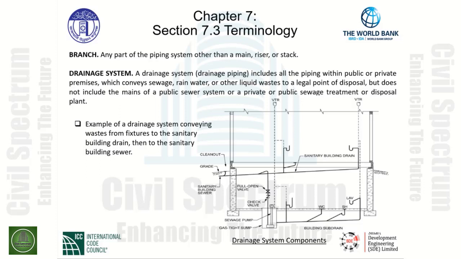In this case, the discharge is pumped from this sump through a check valve and a full open valve and discharges it into the sanitary building drain, and then by gravity it flows through the building drain and conveys that discharge into the building sewer.